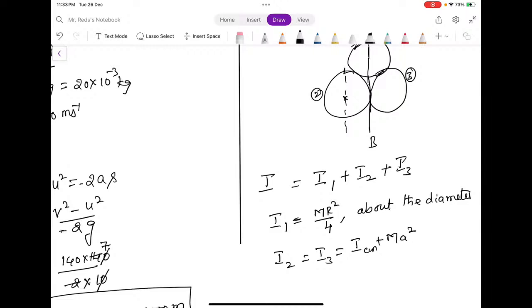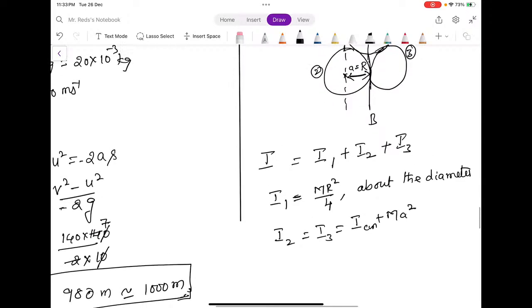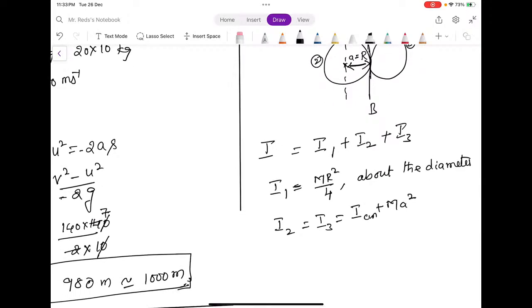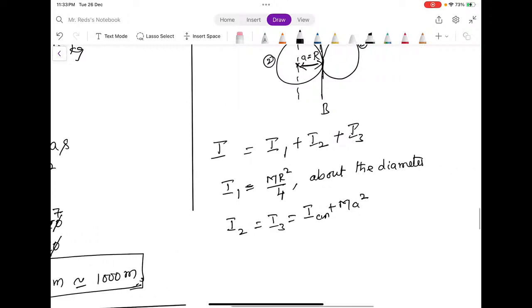Here A is the perpendicular distance between the parallel axes, which is the radius of the disc. So MA square is MR square, and ICM, the moment of inertia about the diameter, is MR square by 4. So this is mr square by 4 plus mr square.